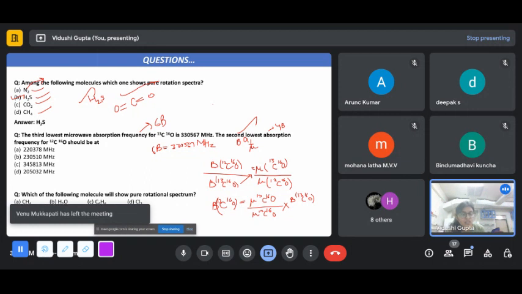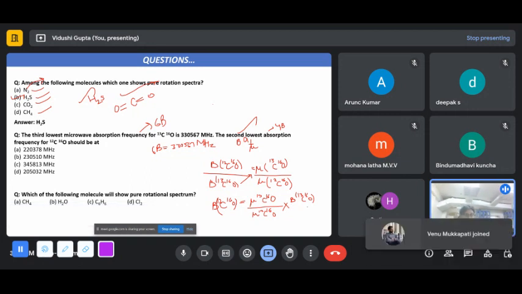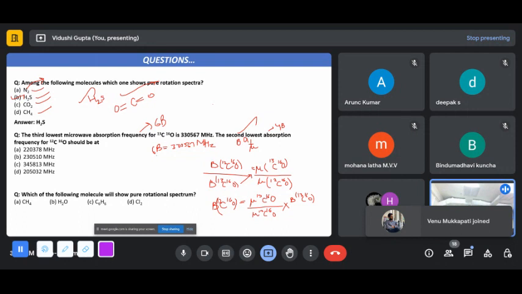So now can you calculate it? This B value will come from here. You know the 6B for 13 carbon is this. So here B will be 330567 divided by 6.